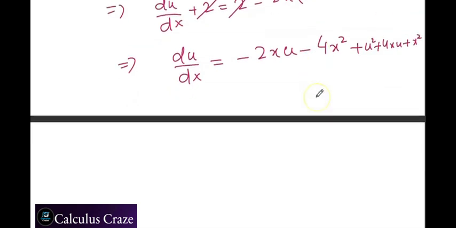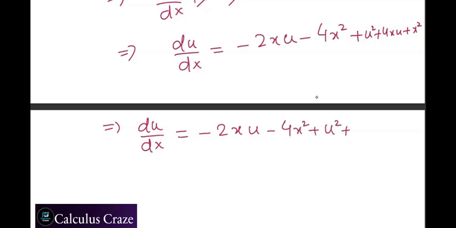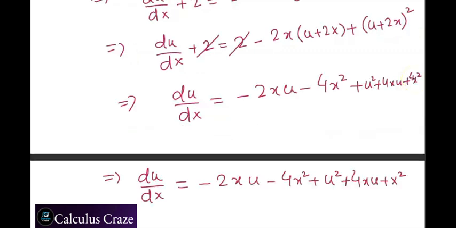So from here what we get, the derivative of u with respect to x equals minus 2xu minus 4x squared plus u squared plus 4xu plus 4x squared. So we were making a mistake. When squaring this, there will be 4x square, so here we will also have 4x square.